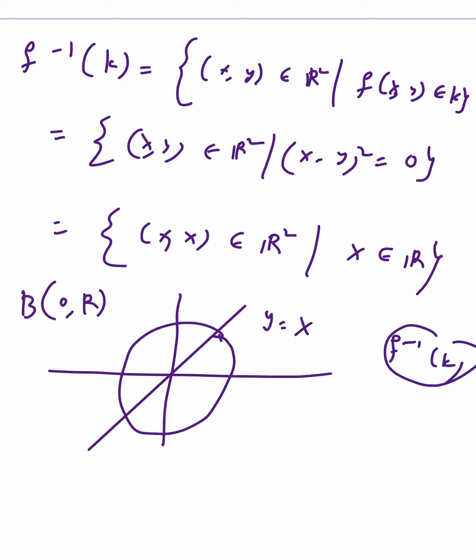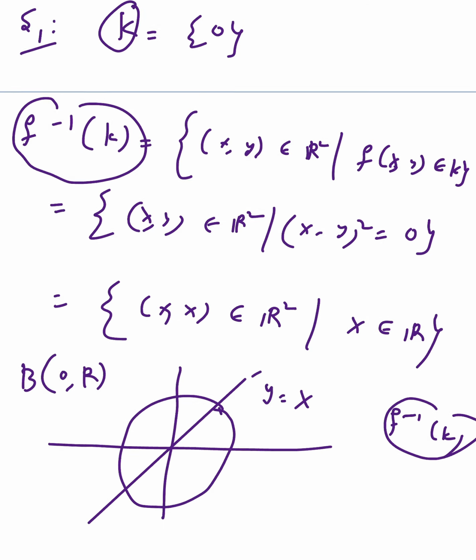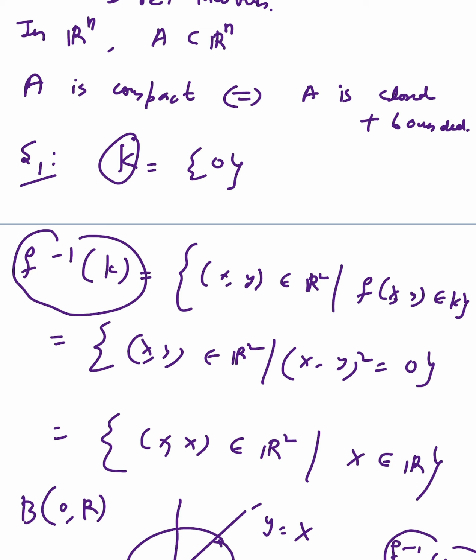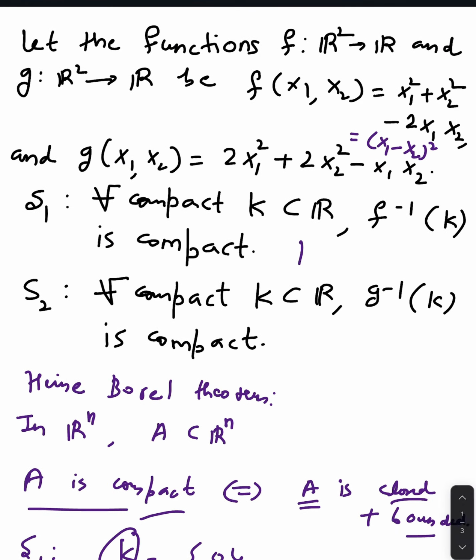So we can't bound this set, therefore this set is not bounded, and therefore f inverse K doesn't have to be bounded for every compact set K. So by the Heine-Borel theorem, which says that if a set is bounded and closed then it is compact, we can say that f inverse K doesn't have to be compact, right? So statement S1 is false.